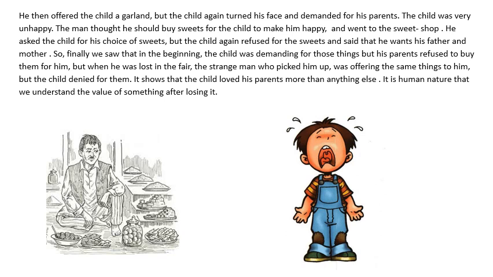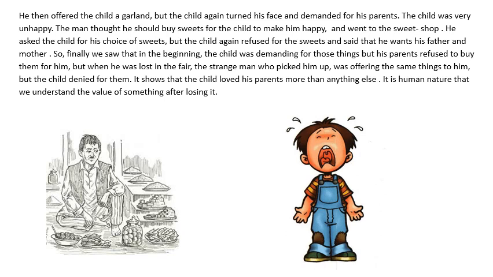The child was very unhappy. The man thought he should buy sweets for the child to make him happy and went to the sweet shop. He asked the child for his choice of sweets.